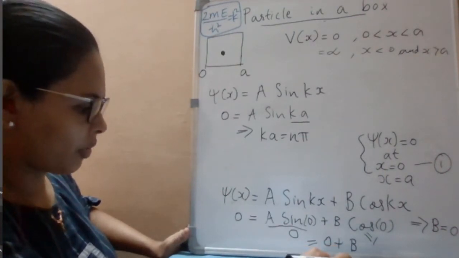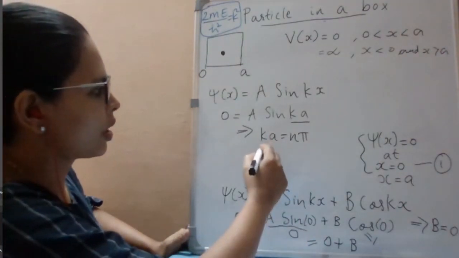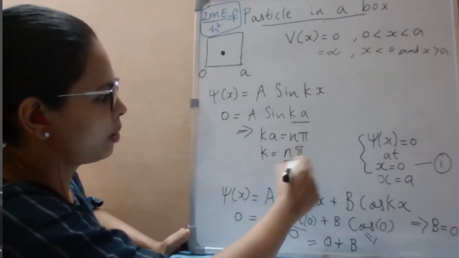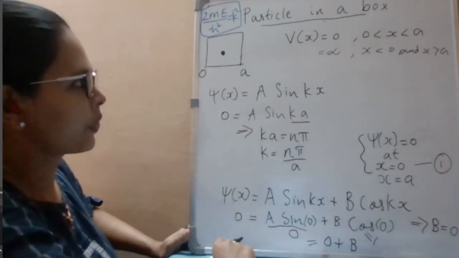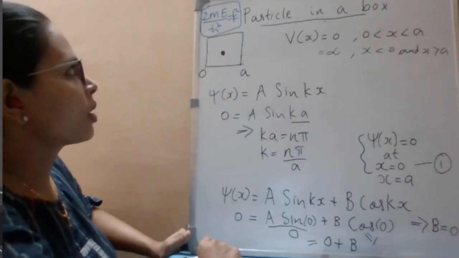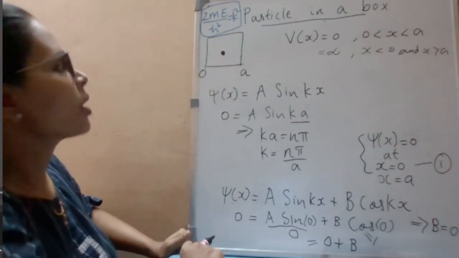So if ka is equal to n pi, you can take k is equal to n pi by a. We already have an equation for k square. In the beginning, we assumed k square like this: 2mE by h cut square is equal to k square.